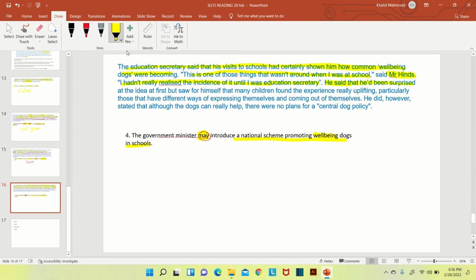He said that he had been surprised at the idea at first, but saw for himself that many children found the experience really uplifting, particularly those who have a different way of expressing themselves and coming out of themselves. All these are irrelevant for me. If I was there, I would cut all these lines. Still I didn't find anything. Let me look in here.